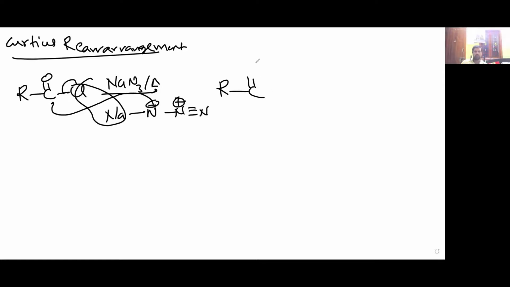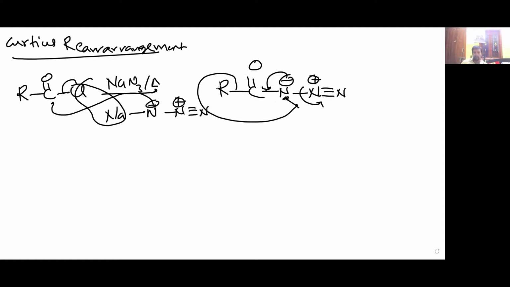Then R-C double bond O, N minus N3. The negative charge is shifted. Then R minus is migrated to nitrogen. Then N2 is eliminated. This step we have already seen in the Schmidt reaction. Then R-N double bond C double bond O. So the byproduct is N2.